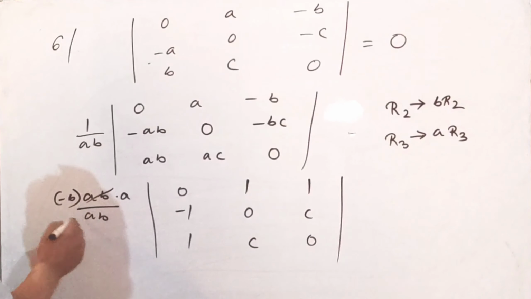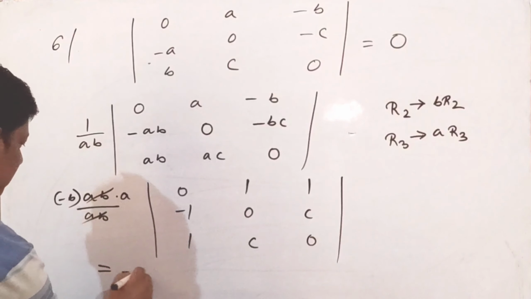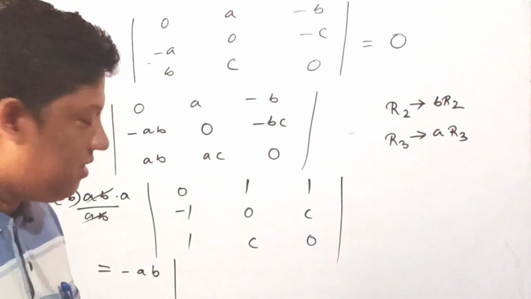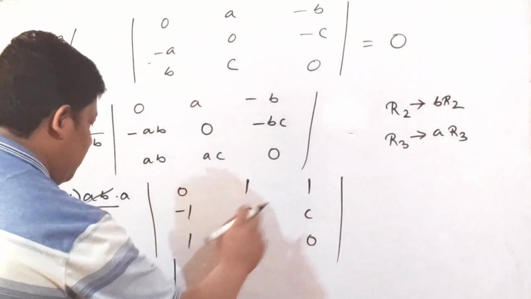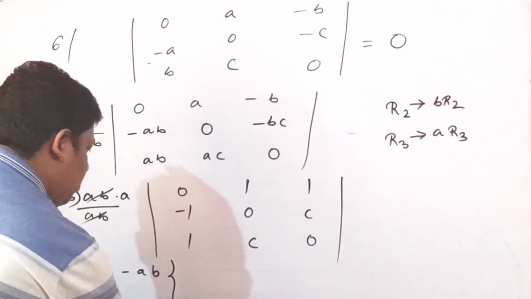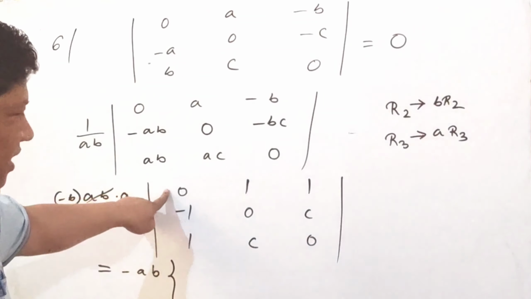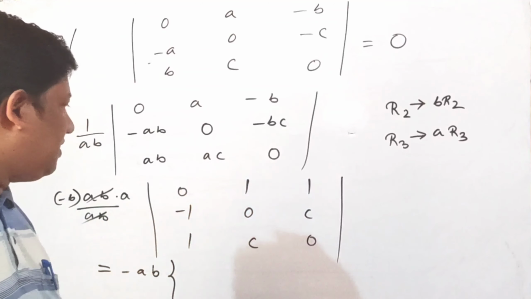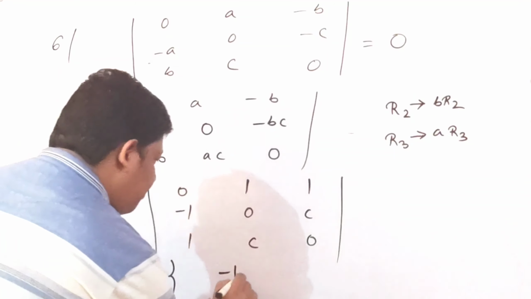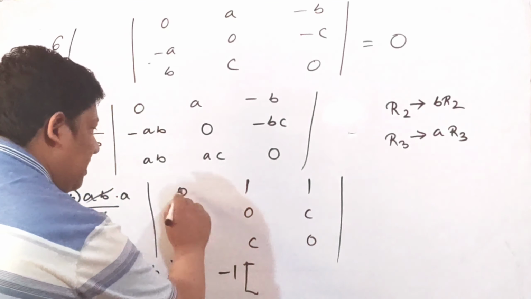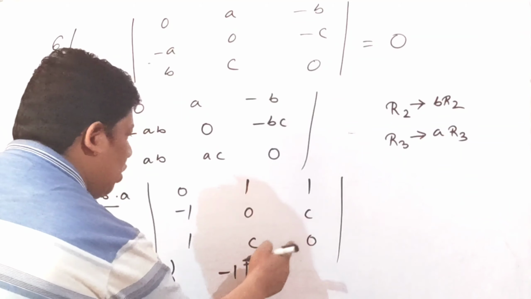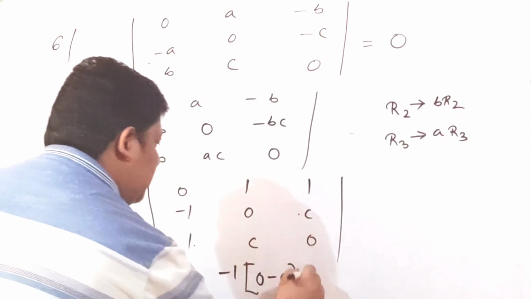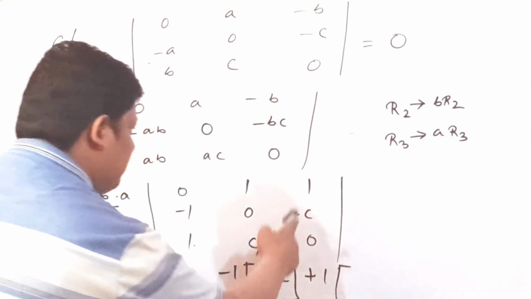So I can cut, I have minus AB. Now if you expand from any row, say this line, then this part and this part are equal to 0, because it is 0. Then all elements are 0. If you expand from minus 1, then this line and this line cancel. You get this part remaining 0 and this part minus C. Again for this plus 1, this line and this line cancel.